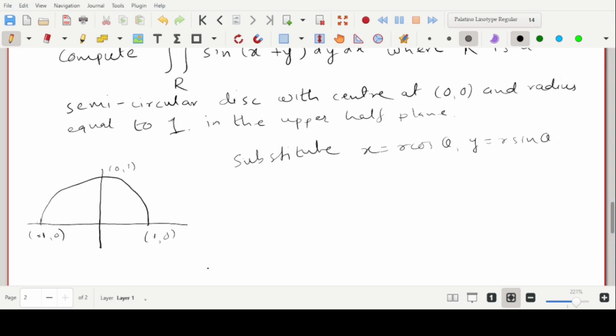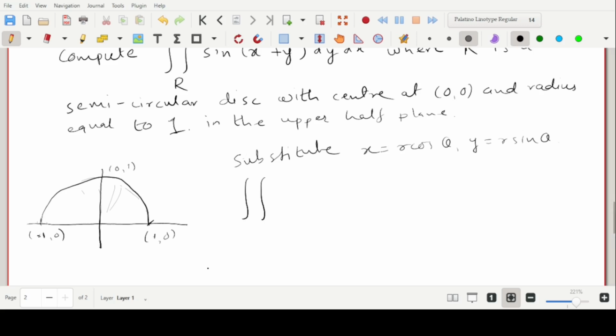Now what is important over here is to decide the limits of integration. Here theta is varying from 0 to pi, and for every theta, r is varying from 0 to 1.